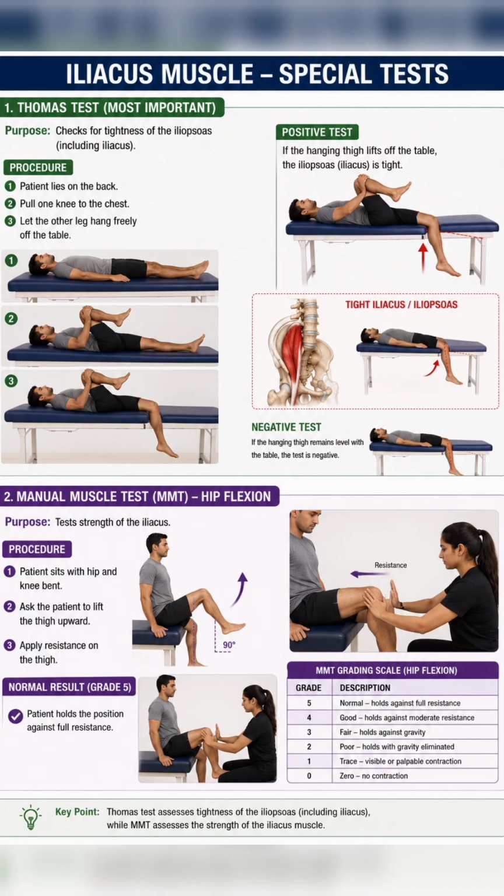Place your other hand on the front of the lower thigh, just above the knee, and apply moderate downward resistance while the patient tries to keep the thigh lifted. If the patient completes the full range of motion and can hold the position against the moderate resistance, the muscle strength is grade 4, that is good.